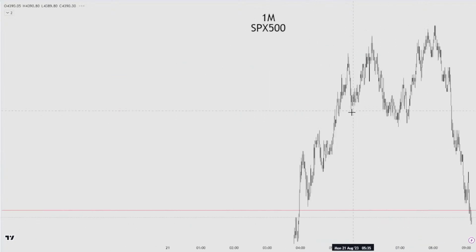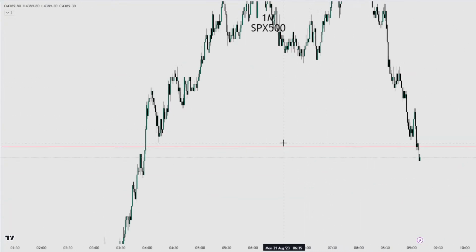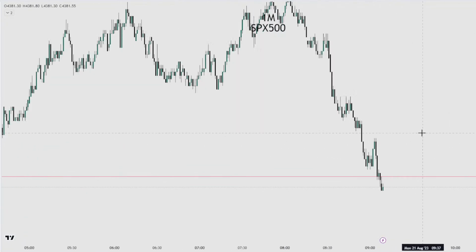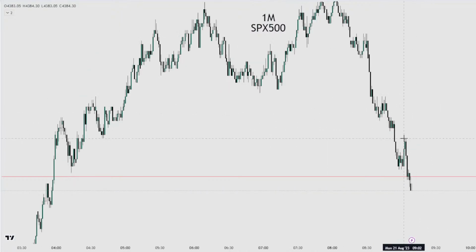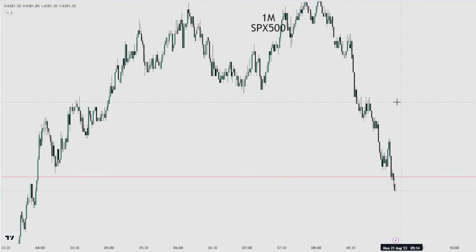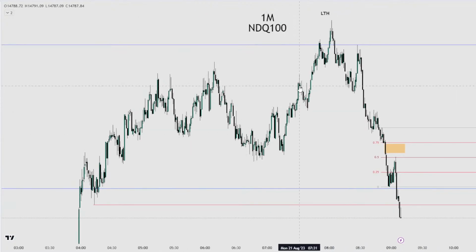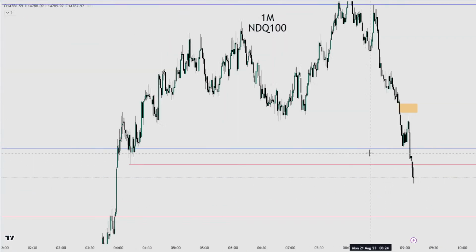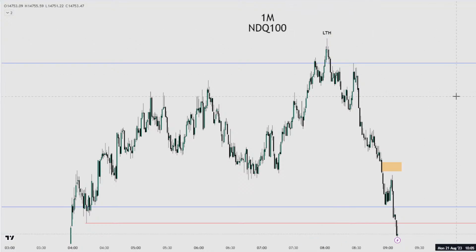Let's see what SPX did. SPX did take this as well. Let's see if it delivered 5 handles. Not yet. So this is a short-term low on the 5-minute.